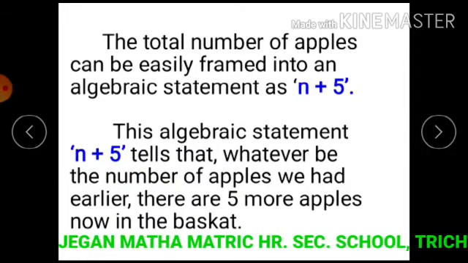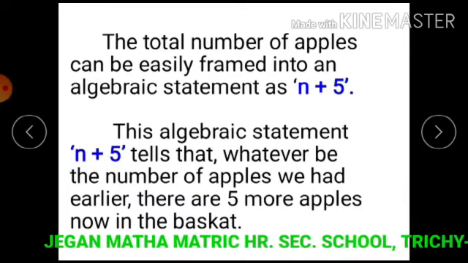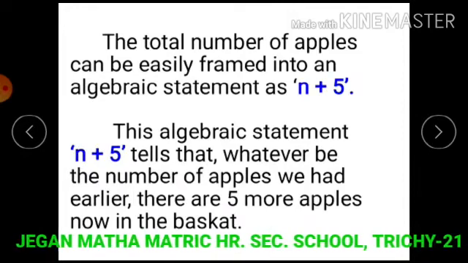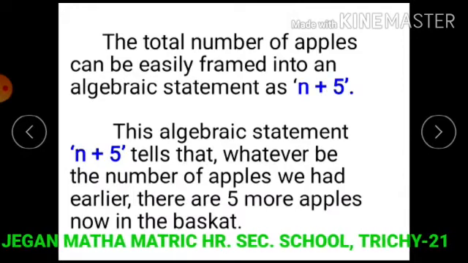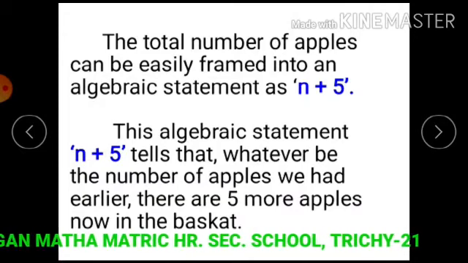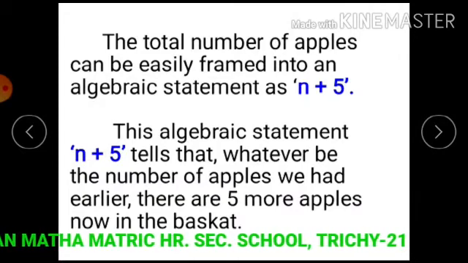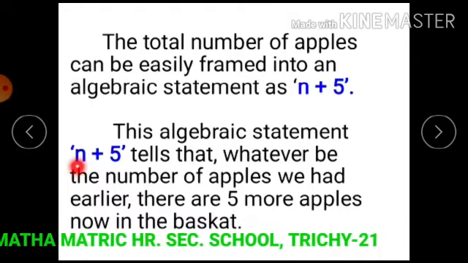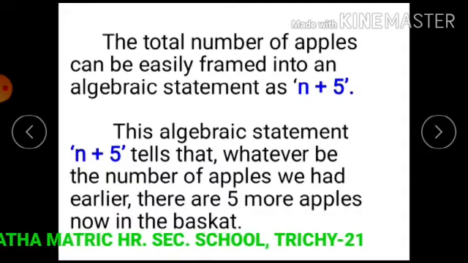This algebraic statement n plus 5 tells that whatever be the number of apples we had earlier, there are 5 more apples now in the basket. So total number of apples in terms of algebraic statement equal to n plus 5.